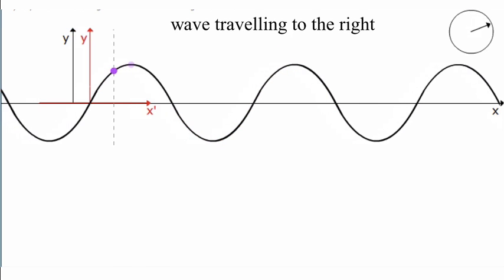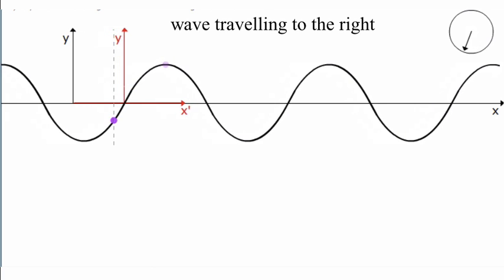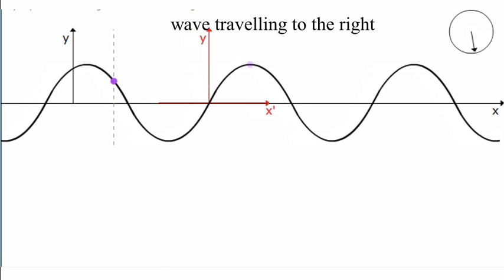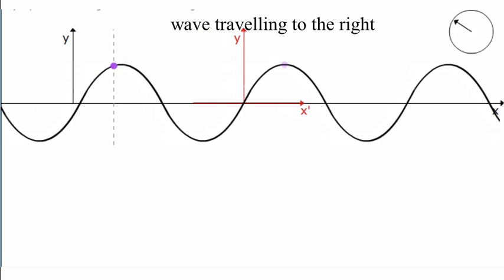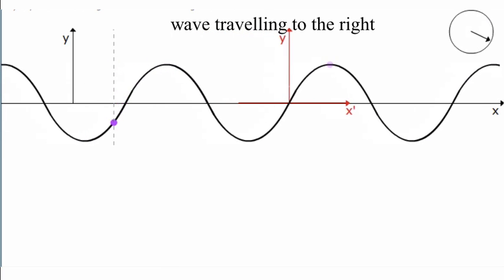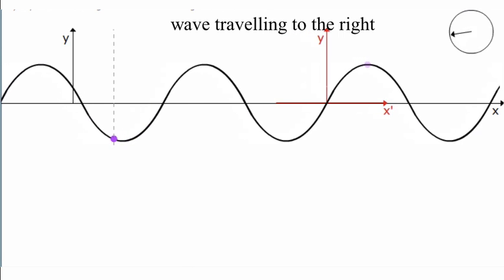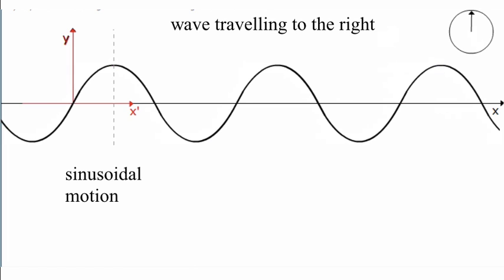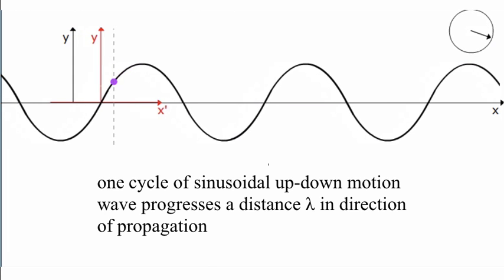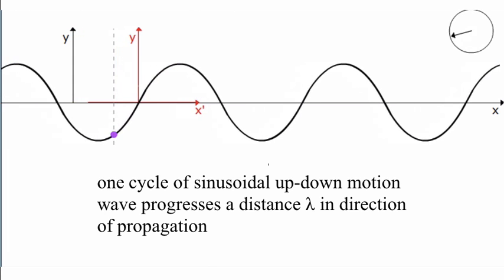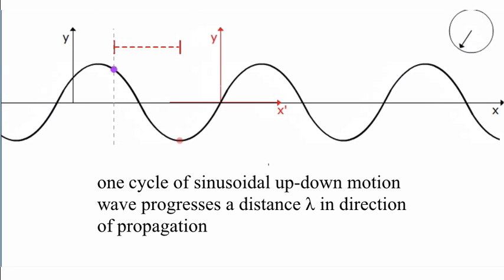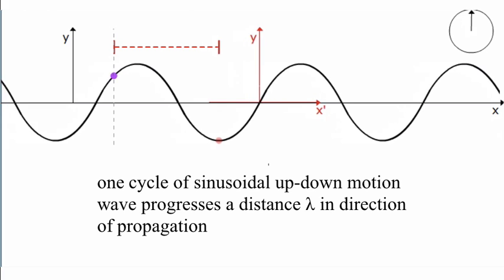So, if we look at a wave travelling to the right and we look at displacement at a particular point over time, we see that a particle oscillates up and down in a sinusoidal motion. We can also see that for one cycle of that up-down motion, the wave progresses a distance lambda in the direction of its propagation.